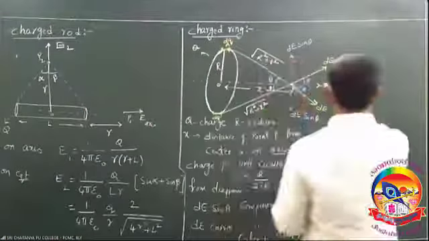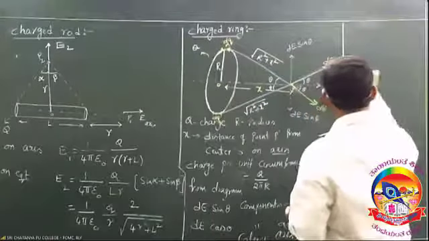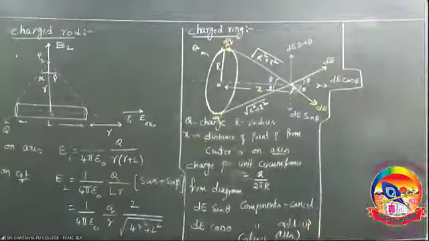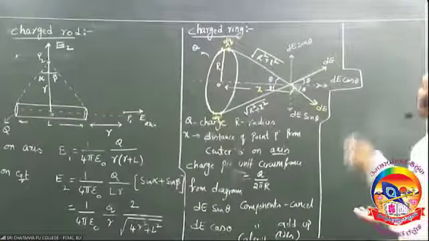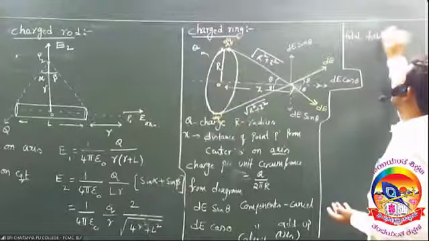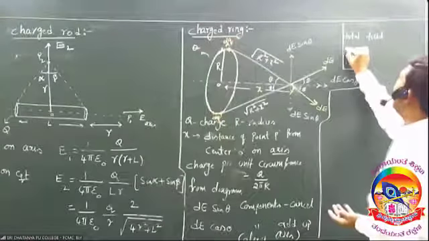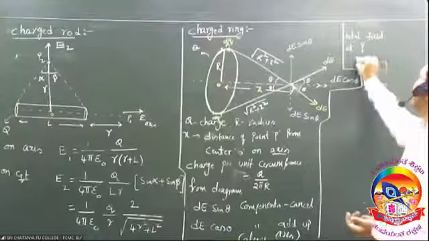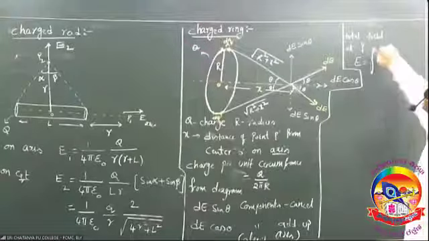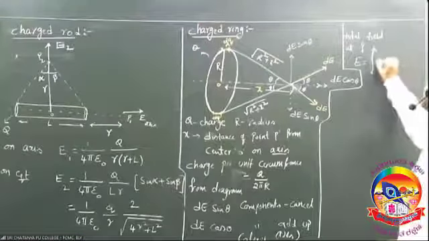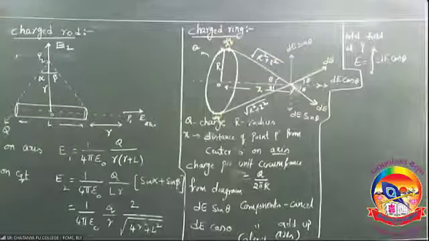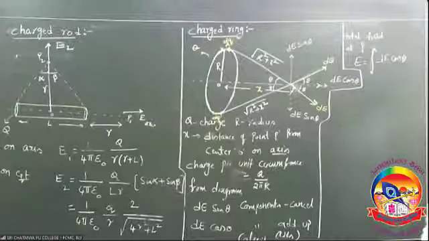Now, what is the total field at P, E? Add up means integral. Which components? dE cos theta component. Then what is dE?